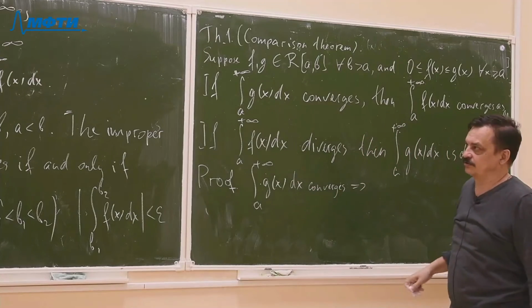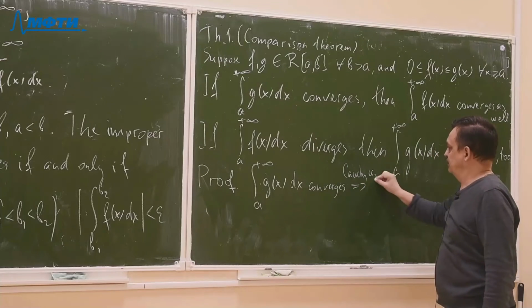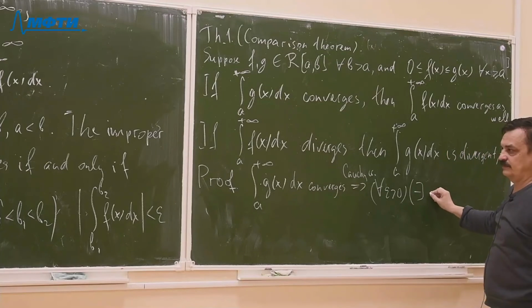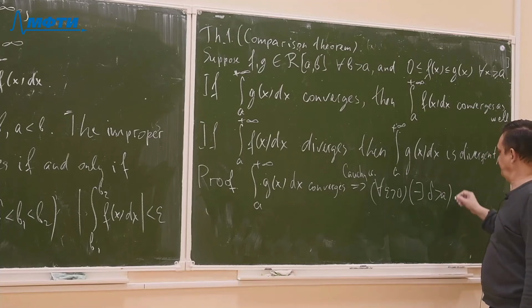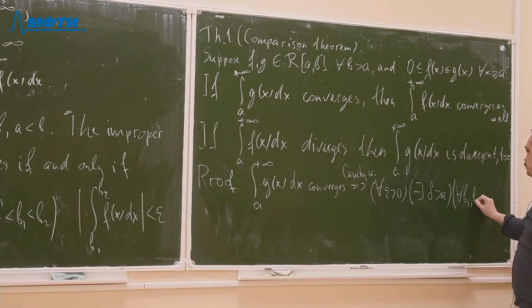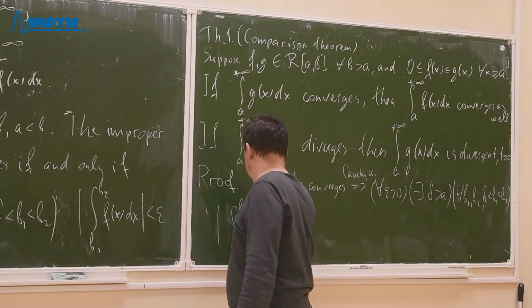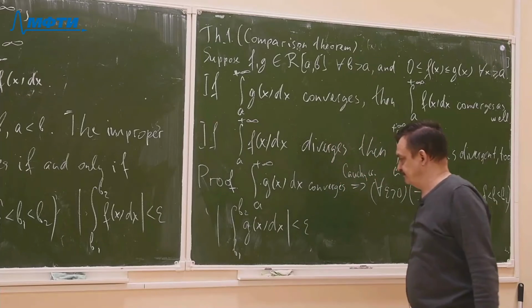Then, according to the Cauchy criterion, for arbitrary epsilon, there exists delta greater than a such that for all b1, b2 which satisfy delta less than b1 less than b2, we have the inequality integral from b1 to b2 of g of x dx less than epsilon.